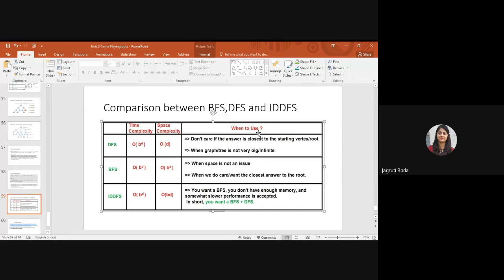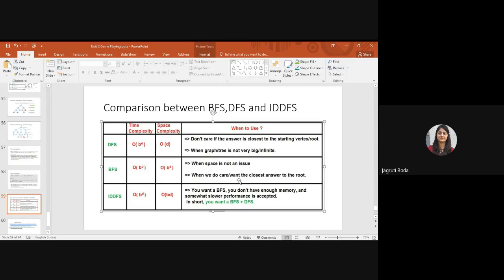Now, when to use which? We use DFS when we don't care if the answer is closest to the starting vertex or root, and when the graph is not very big or infinite. We use BFS when space is not an issue, because BFS takes more space. If you have lots of space available, you can use BFS.